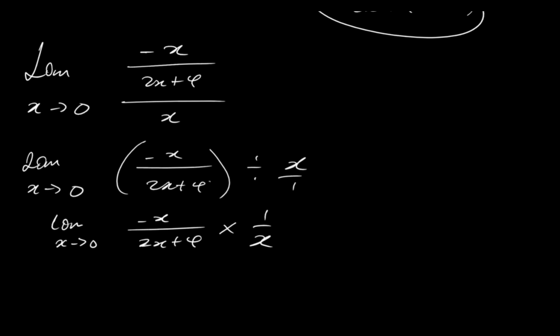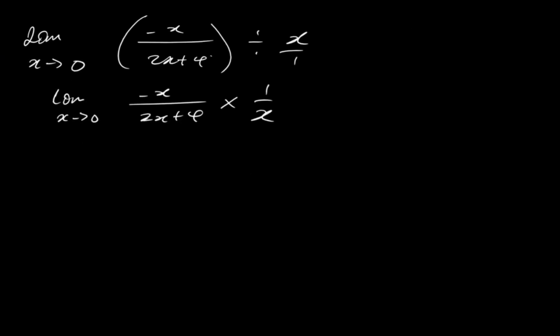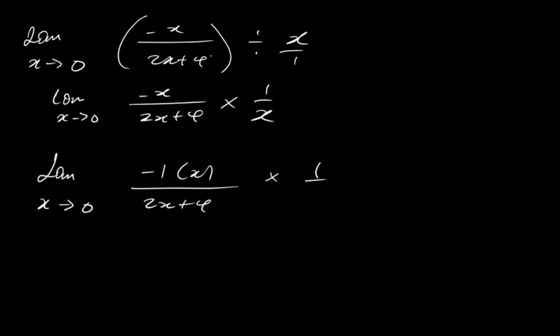If you factorize, you get minus 1 times x over 2x plus 4 times 1 over x. The x cancels out with the x, and you have the limit of negative 1 over 2x plus 4 as x approaches 0.